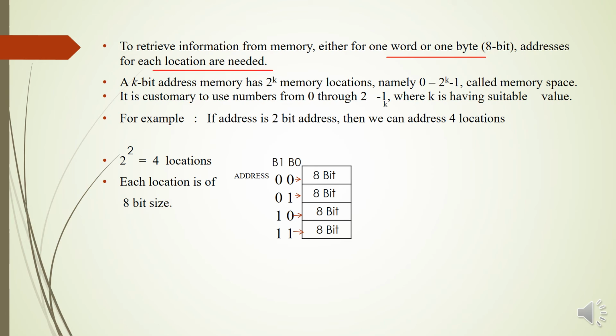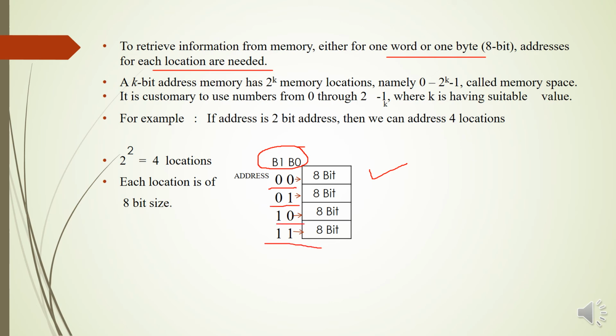For example, consider this is the memory location. If I have only 2 bits in my address, b0 and b1, then using this 2-bit binary code, 4 memory locations can be addressed. The address can be 00, 01, 10 and 11.